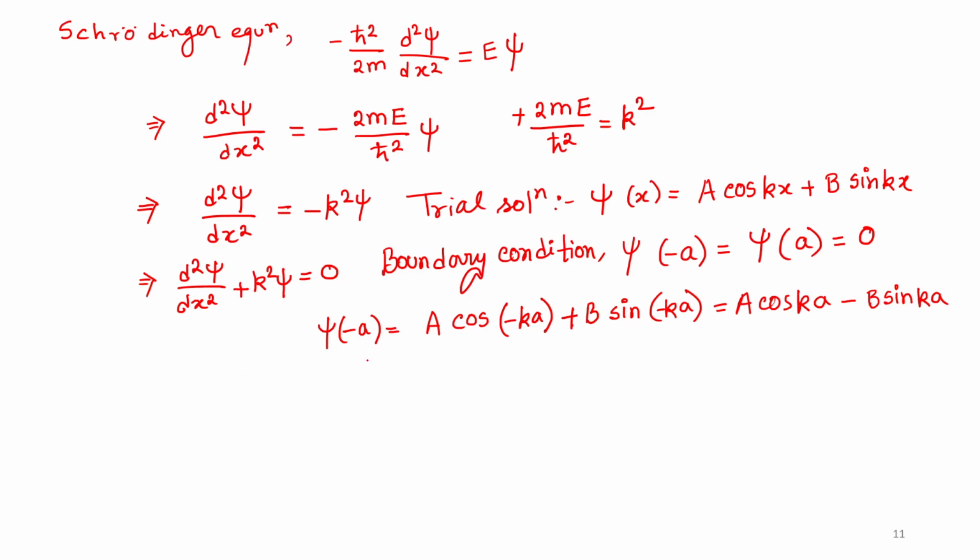So this equals 0. Let me write it as equation 1. And what about psi at a? That is a cos ka plus b sin ka equals 0. Up to this part, do you have any question?